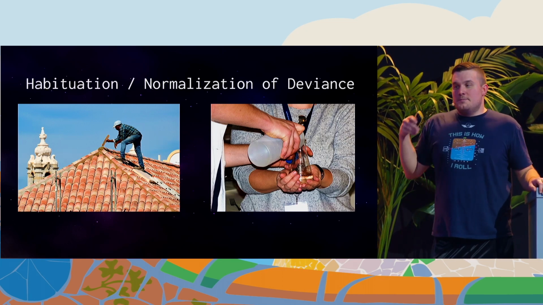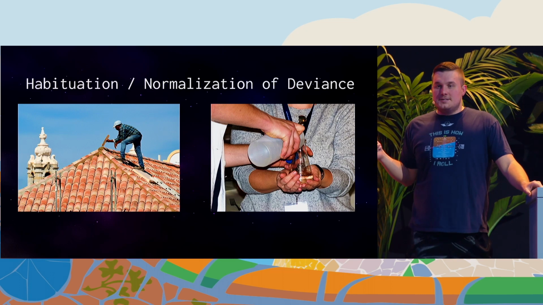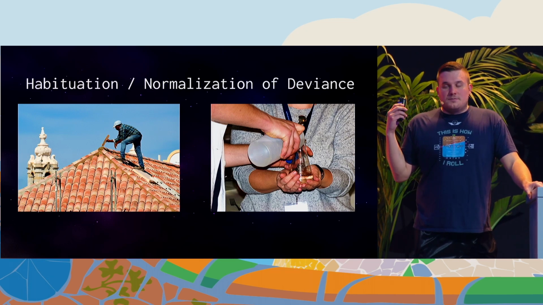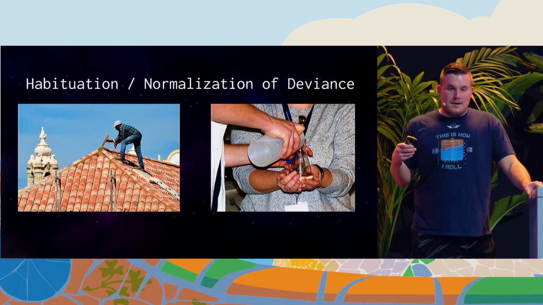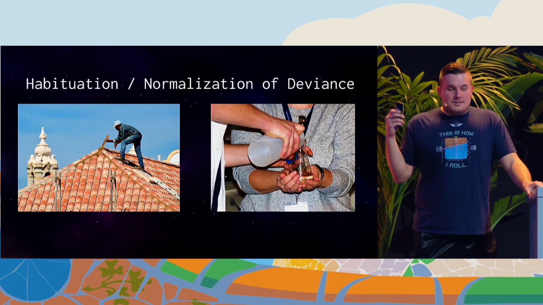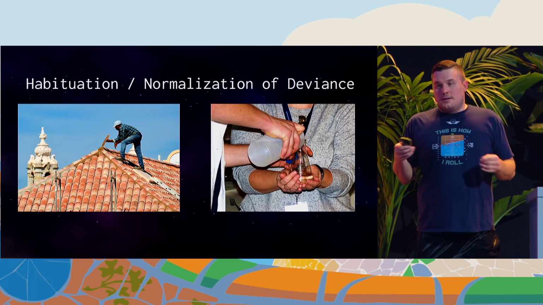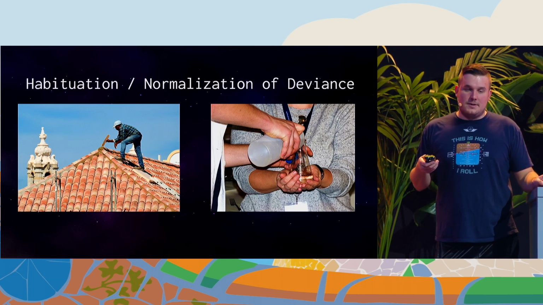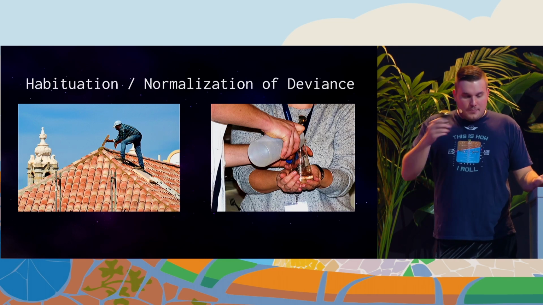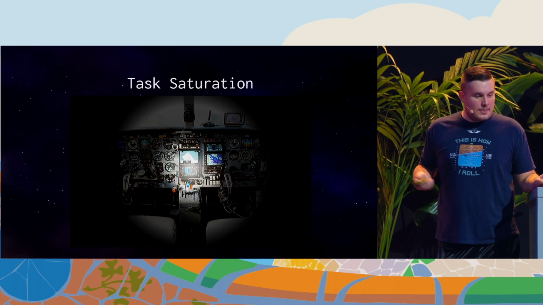So this is something to be mindful of if you have security policies. Just remember that for humans, it's very, very easy to start ignoring them, and ignoring the policy just becomes normal, and people don't even notice it. So something to be aware of.